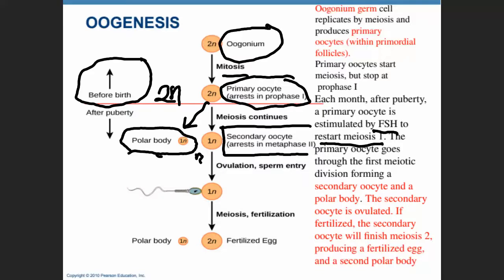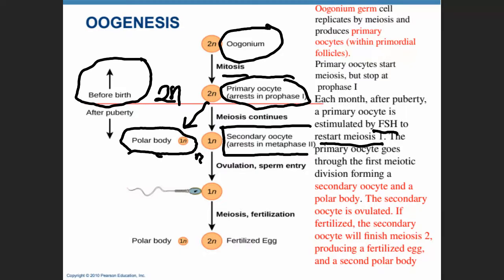So notice that in contrast with spermatogenesis, during oogenesis, first of all, the process begins before birth. Second, meiotic divisions lead to unequal cellular division. One cell will be huge and functional, while the other will be small and non-functional and will be destroyed.